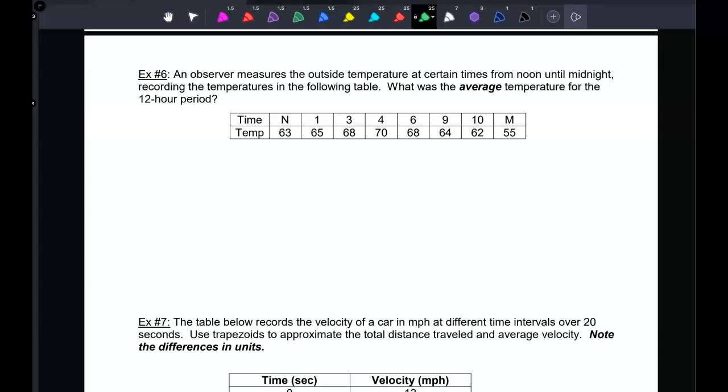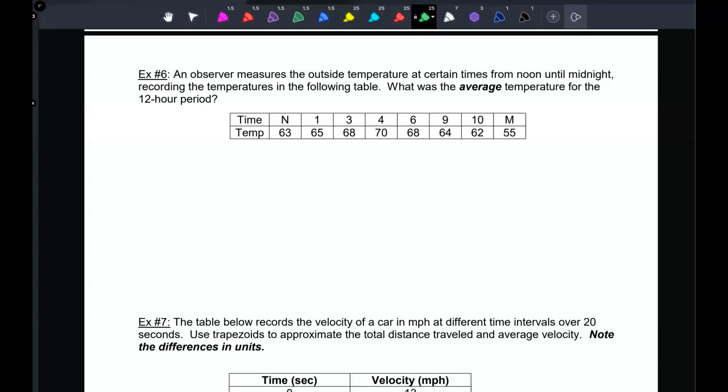We got 2 application problems here. Sorry to say they are also not evenly distributed. So we're measuring temperatures from noon until midnight at different times. We want to figure out what's the average temperature for the 12-hour period. Normally, if this was all nice and evenly distributed, we could just add them and divide by 12 hours.